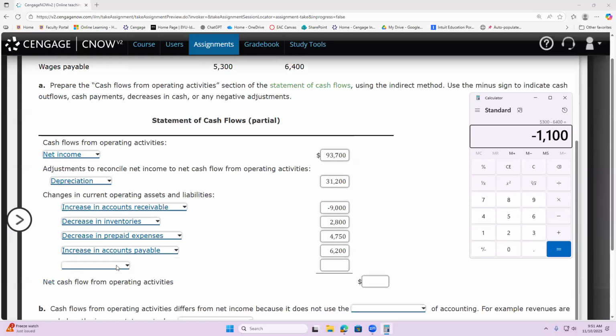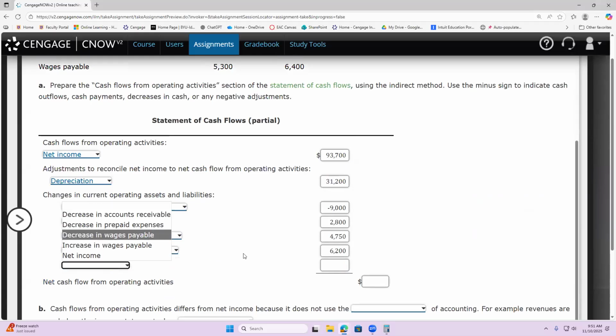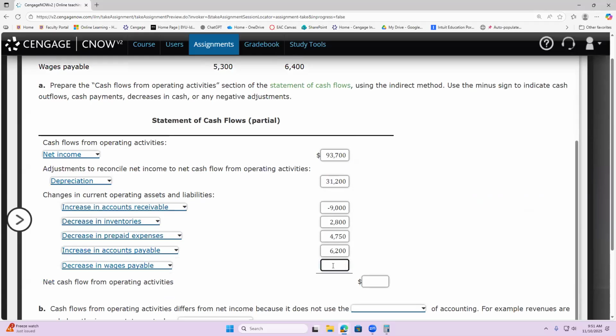Went down by 1,100. So we'll do decrease in wages payable and we'll subtract. So just remember, assets adjust in the opposite direction. Liabilities in the same. We'll add all those up, which will give us 93,700 plus 31,200 minus 9,000 plus 2,800, and that will add up to 128,550.